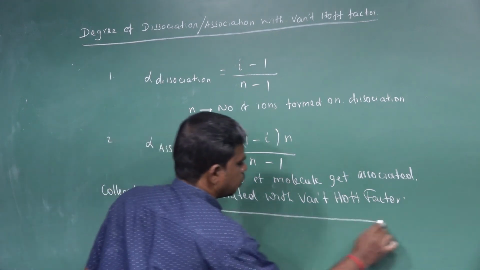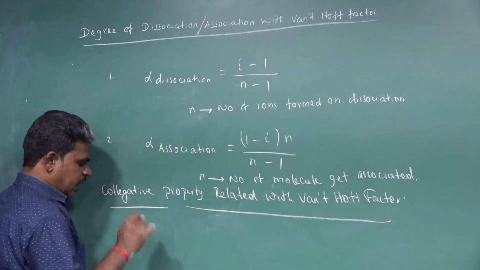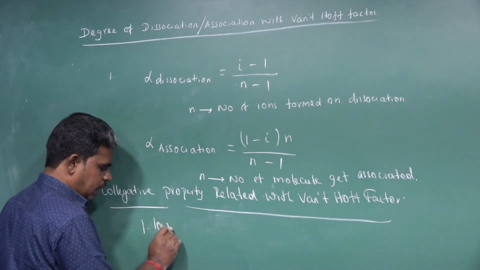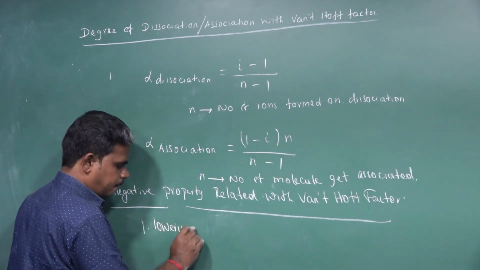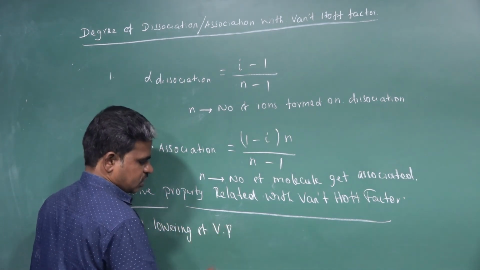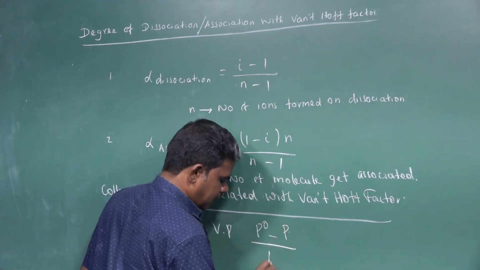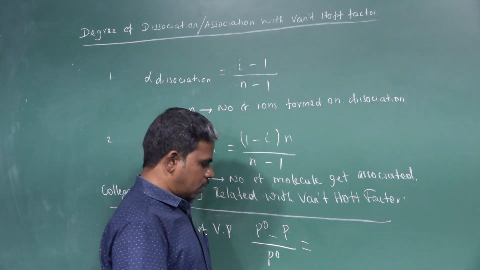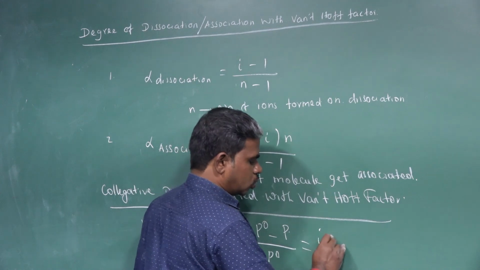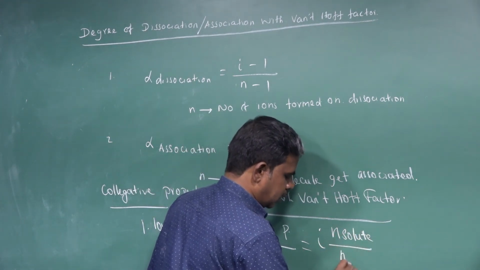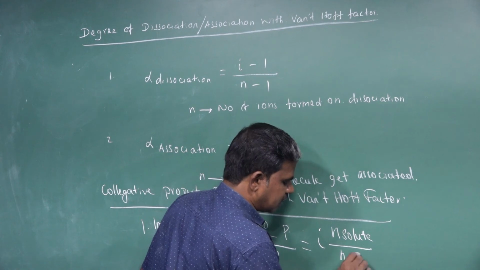The first colligative property is lowering of vapor pressure, which is (P naught minus P) divided by P naught, equal to i times N of solute by N of solvent.